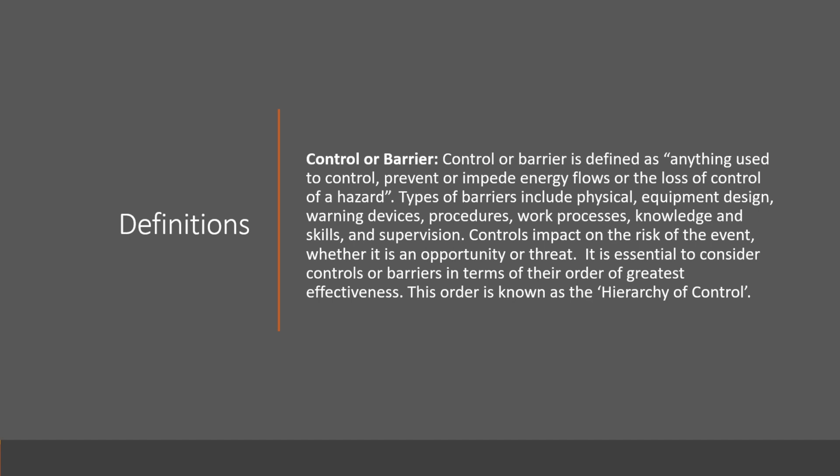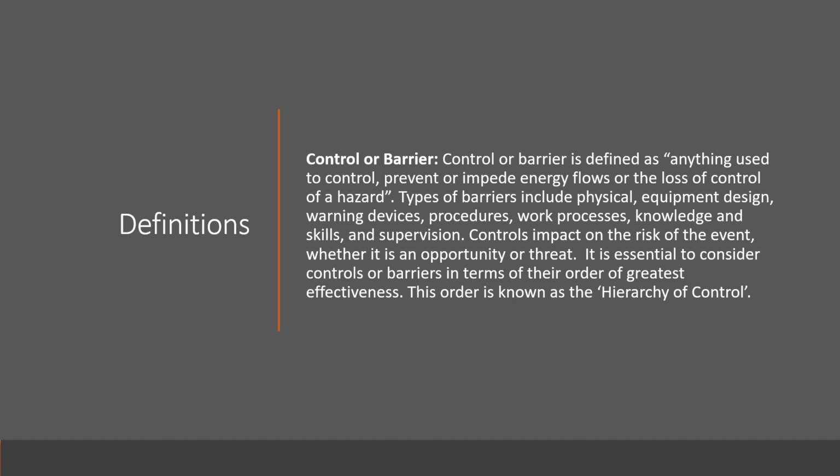Types of barriers include physical, equipment design, warning devices, procedures, work processes, knowledge and skills, and supervision. Controls impact on the risk of the event, whether it is an opportunity or threat. It is essential to consider controls or barriers in terms of their order of greatest effectiveness.